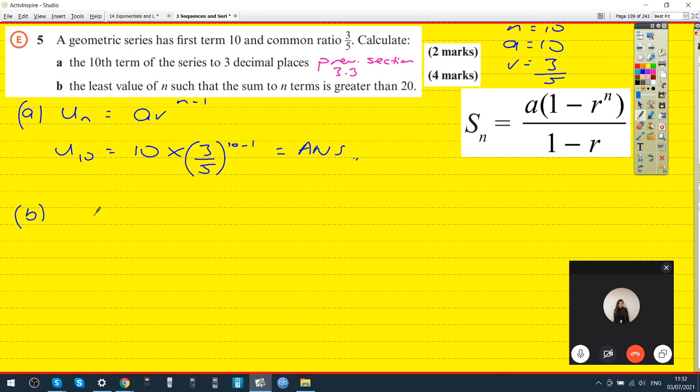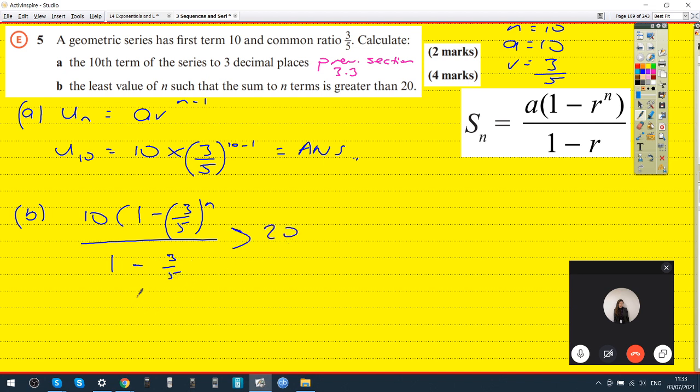And we want it to be greater than 20. So 20 on the right. And so what are you subbing in? 10 brackets 1 minus 3/5 to the power of n over 1 minus 3/5 is greater than 20.